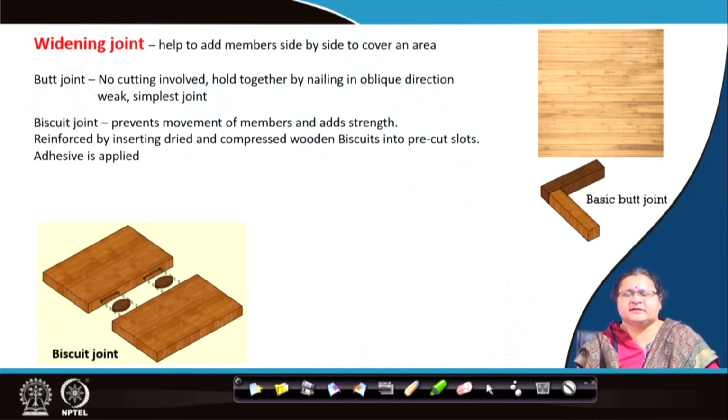They reinforce the joint. This is called biscuit joint and it adds strength to the joint. They usually do not slide, you cannot take out one from the other, you cannot separate them. Adhesives may be applied to further fix it in position.